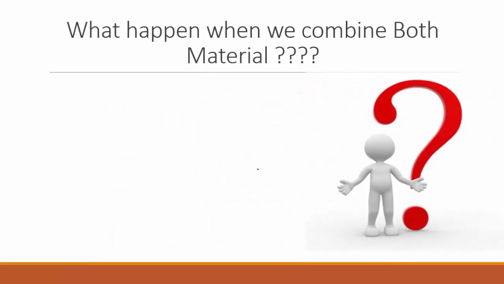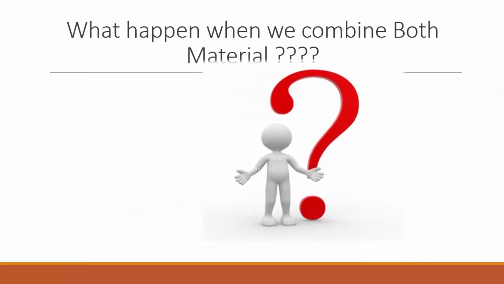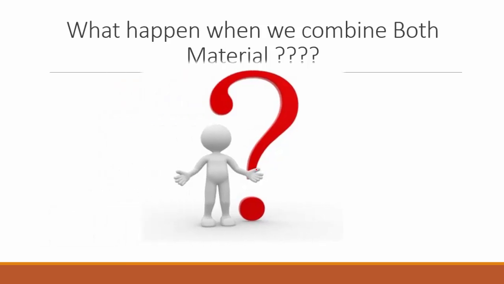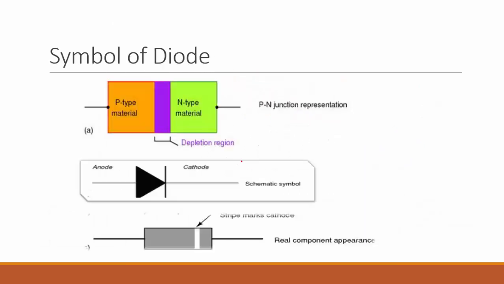Now what happens when we connect both the materials together? Do you have any idea? Before connecting the p-type and n-type material together, we'll discuss the symbolic representation of the p-n diode. Here there are two regions connected, the n-type and the p-type. In the schematic representation, this line indicates the cathode, and the other side is the anode.